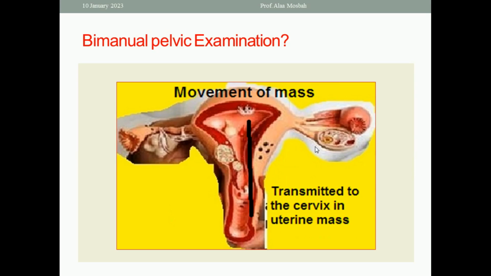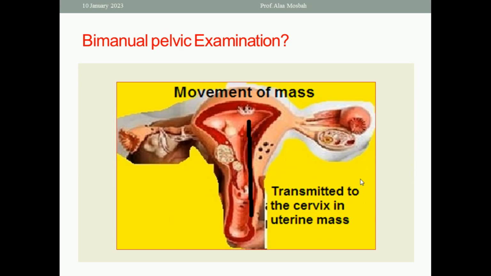If the mass moves side to side but not up and down, this is uterine, of course. So this test is done during abdominal examination. Side to side only, but not up and down, this is uterine. Side to side and up and down, positive, so this is an adnexal mass.